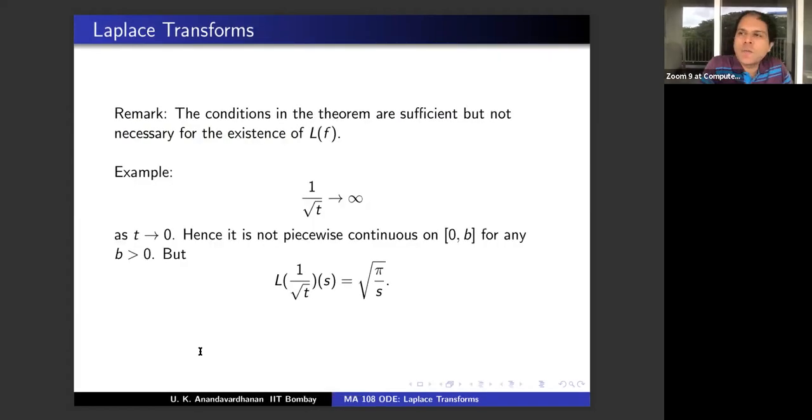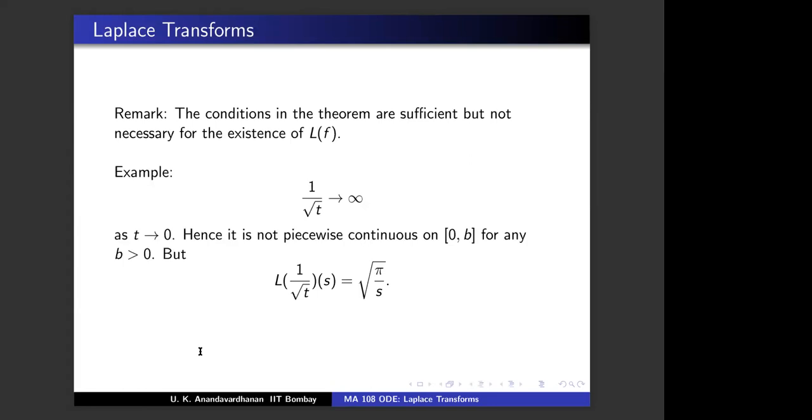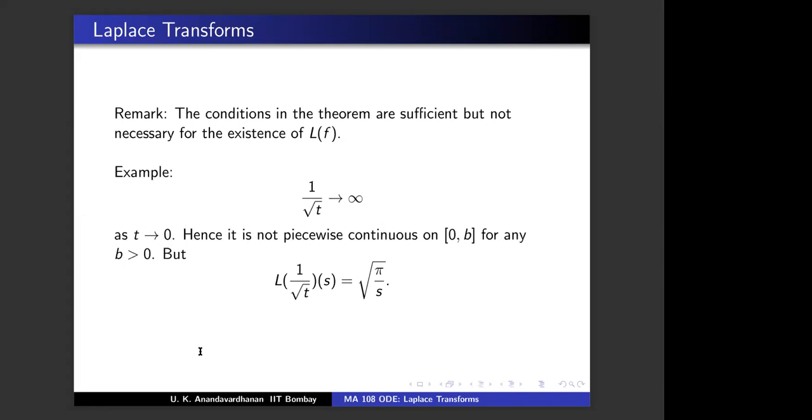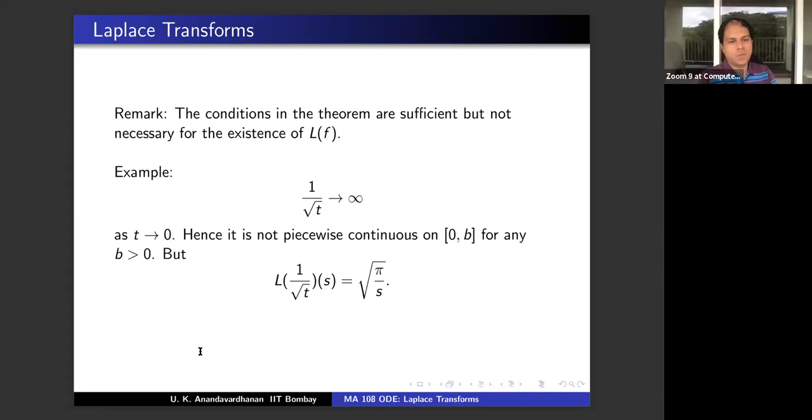Now you can ask me for one more counter example. What will be the shape of that counter example? Here this is of exponential order but not piecewise continuous, and I show that the Laplace transform exists though it is not piecewise continuous, showing that piecewise continuity is not necessary, it is only sufficient. What should be the other type of counter example?